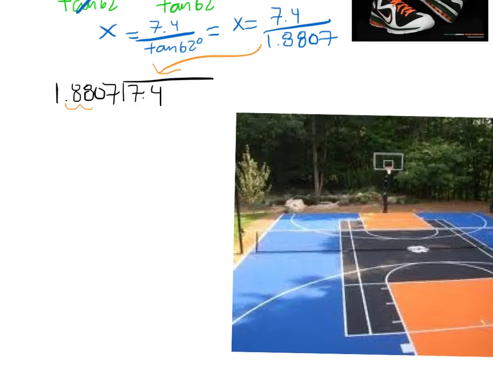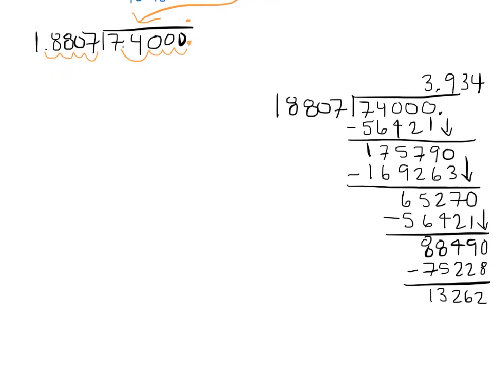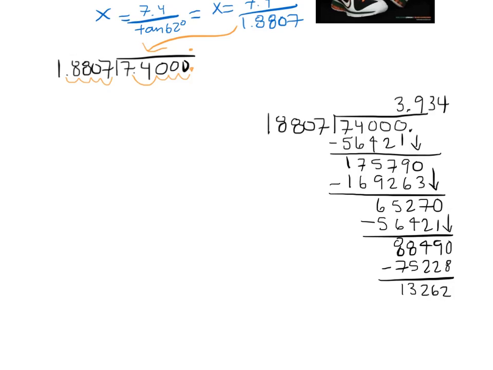Now I have to move my decimal place 4 times, and I have to do that here too. That means my new decimal place is there. I add in my zeros, and here is the actual calculation. Let me move this in a little bit.